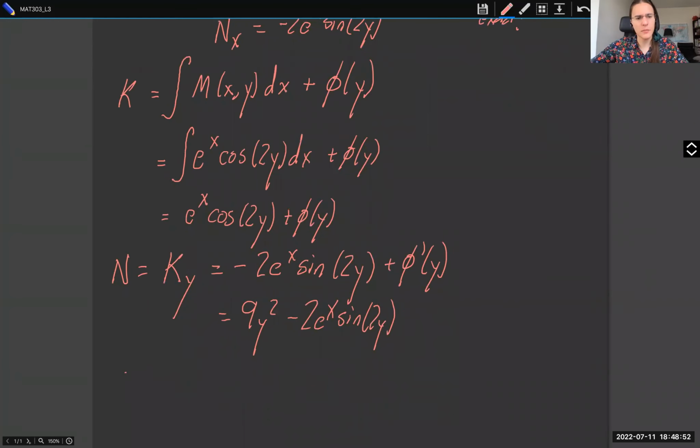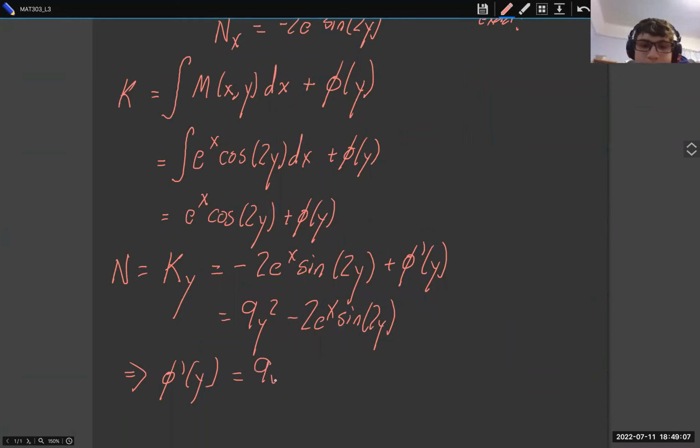So what does that tell me about the derivative of phi? It's got to be 9y squared. Good. And we don't care about constants. We just want to find some antiderivative.